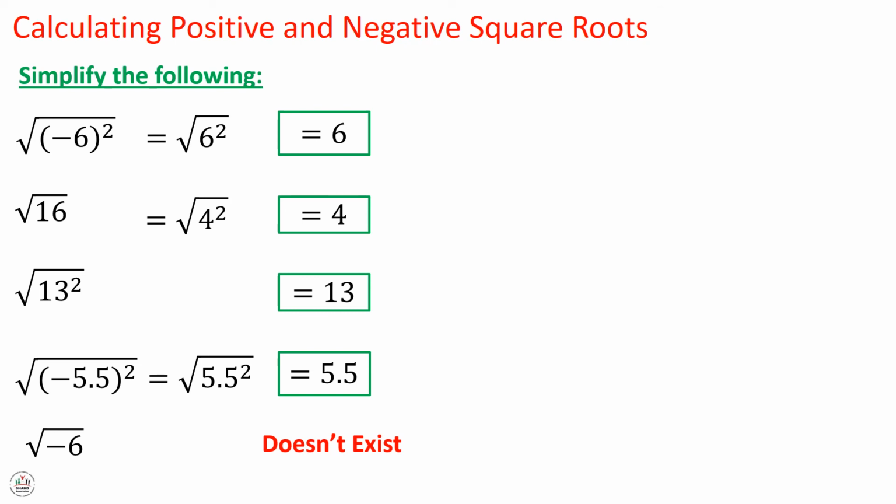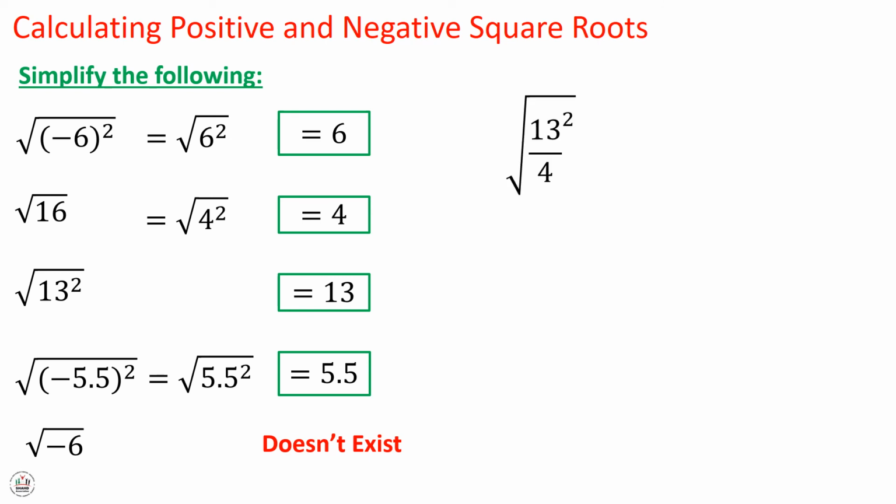Because it's impossible to multiply a number by itself and get a negative quantity. −6 multiplied by −6 is equal to positive 36. So the square root of (−6)² equals 6. But √(−6) does not exist.